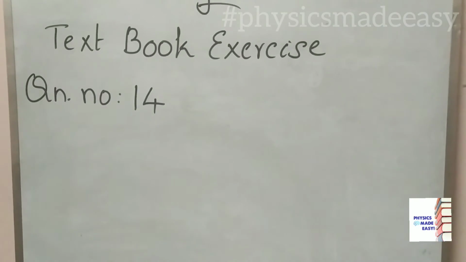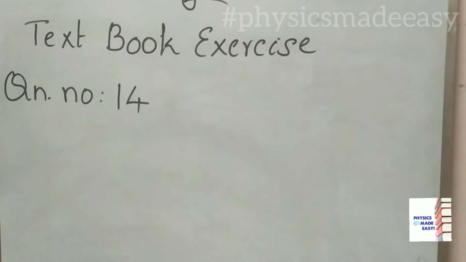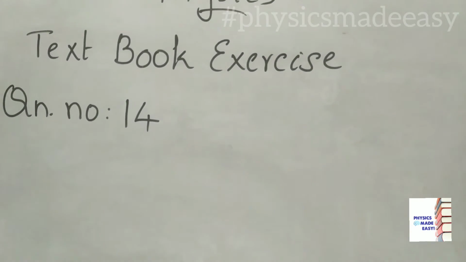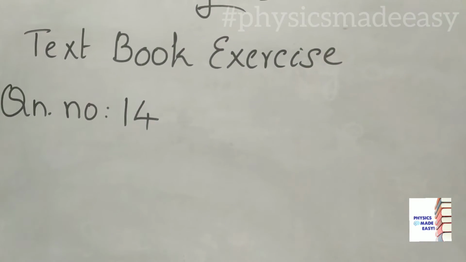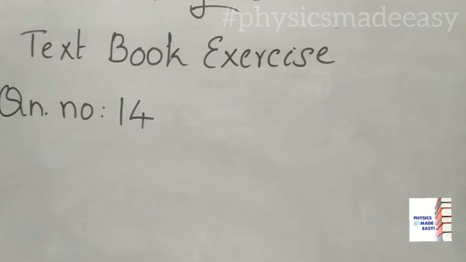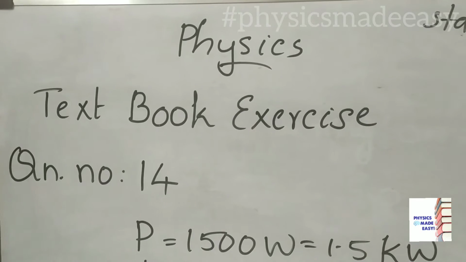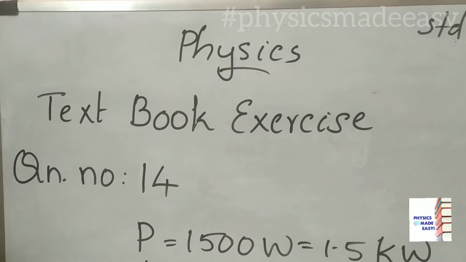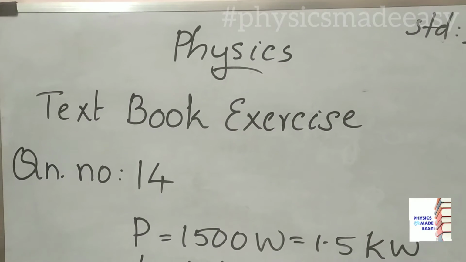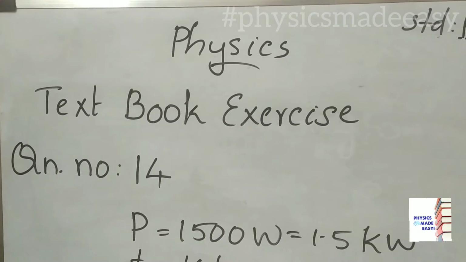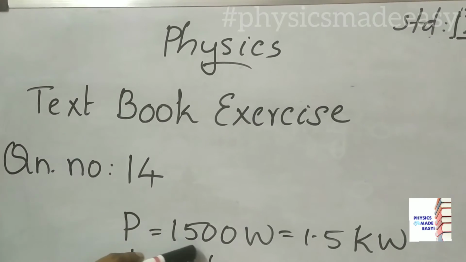Question number 14. An electric heater is rated 1500 watt. How much energy does it use in 10 hours? Here children, we have to find the electric energy consumed by that electric heater. So we can find that in units. Here power is given as 1500 watt.